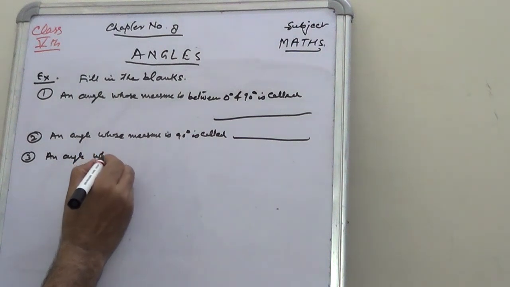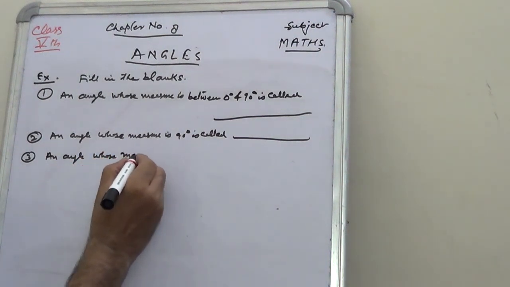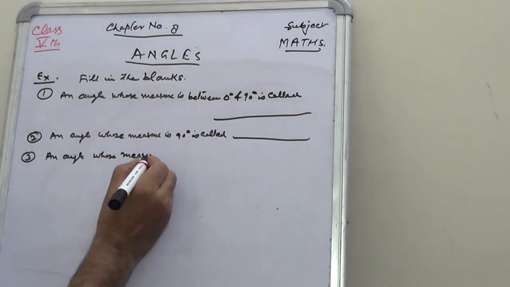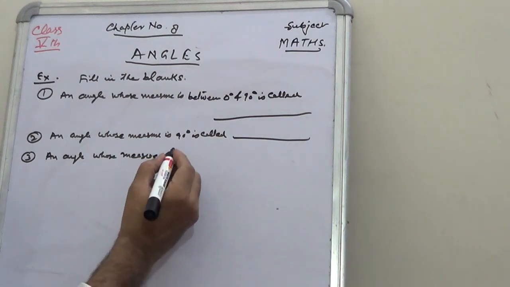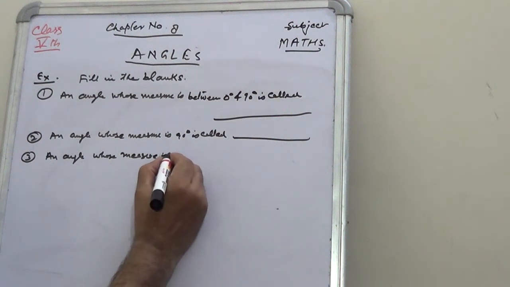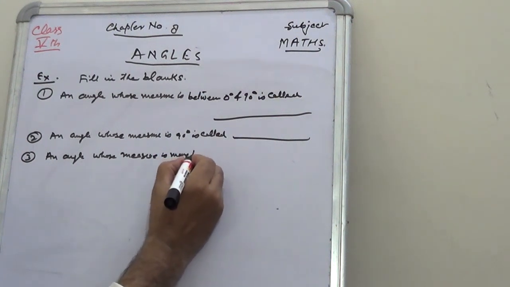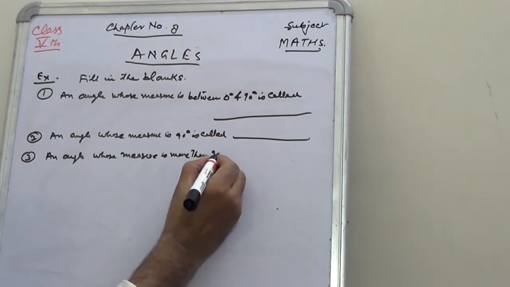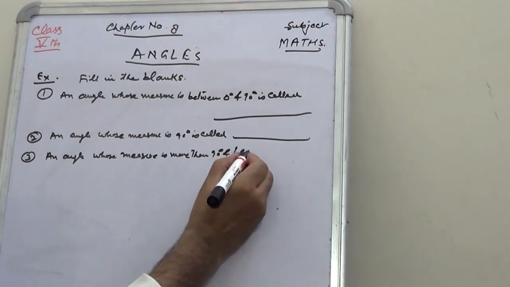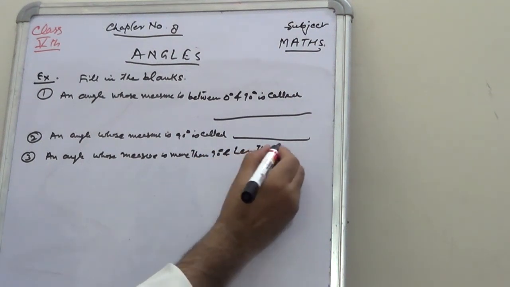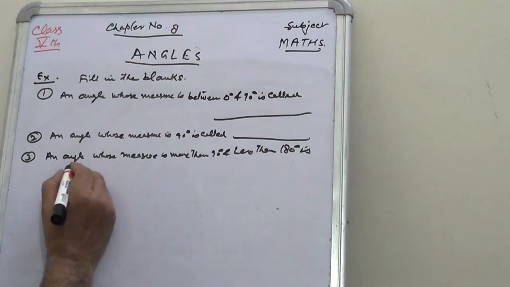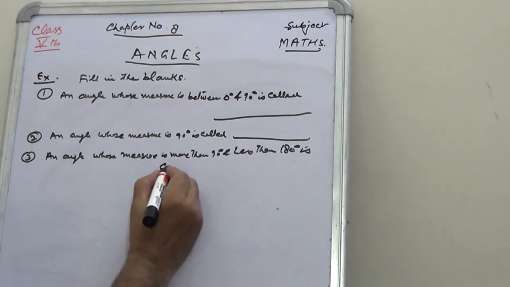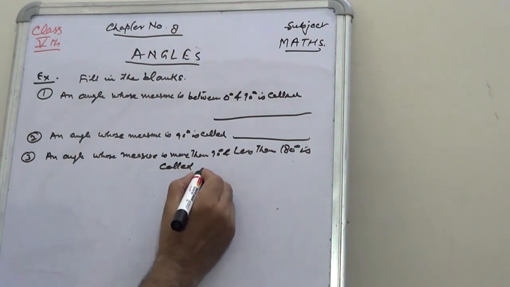An angle whose measure is more than 90 degree and less than 180 degree is called, another blank.